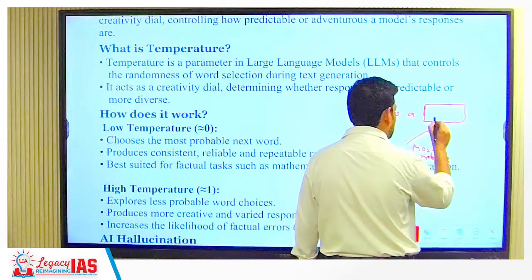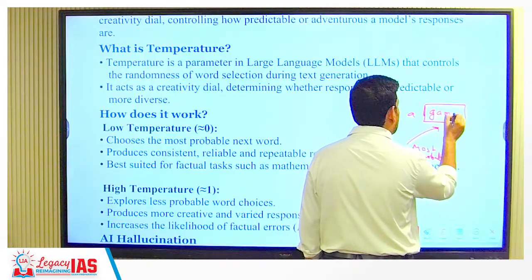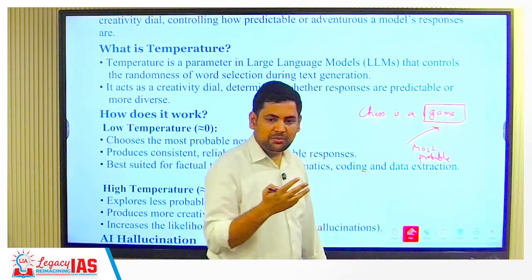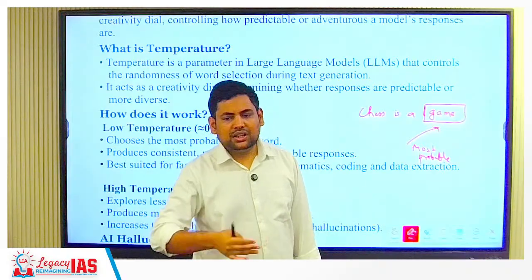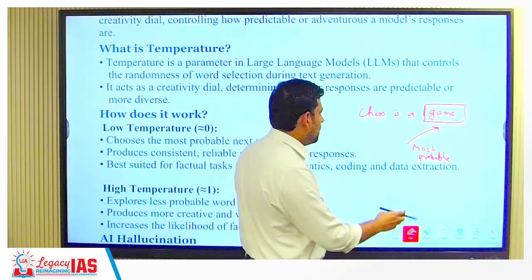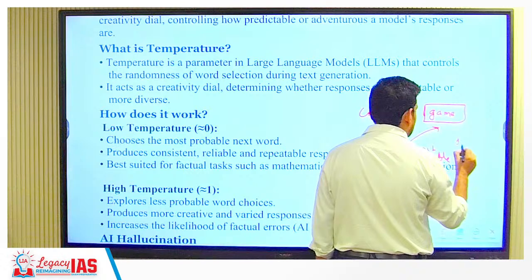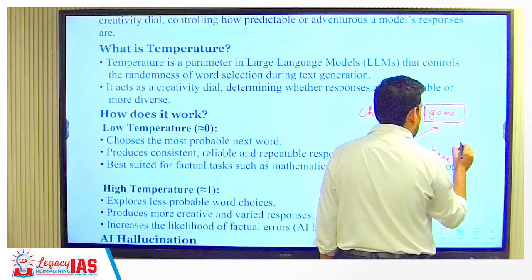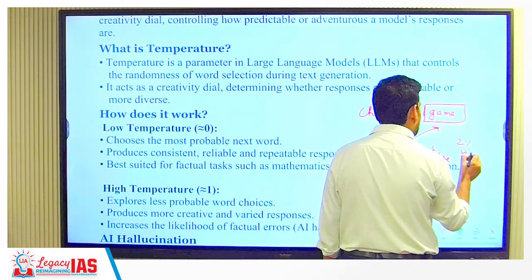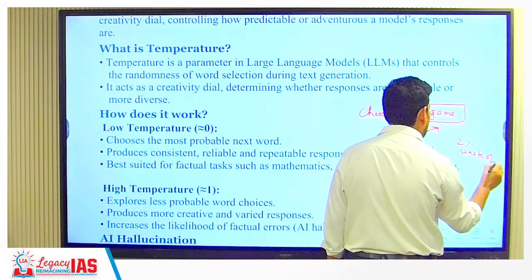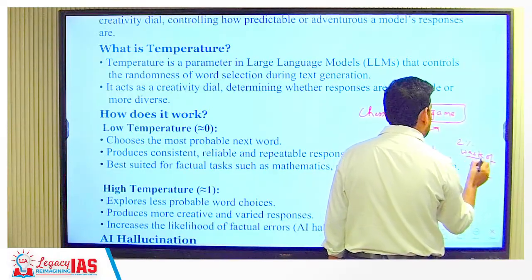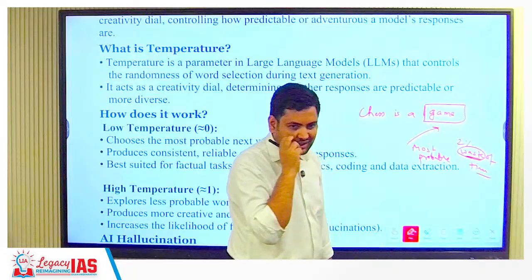So chess is a, let's say, "game" is more probable, with like 50% probability, and "sport" has only 20% probability. Let's say 2% is the possibility of calling it a waste of time.